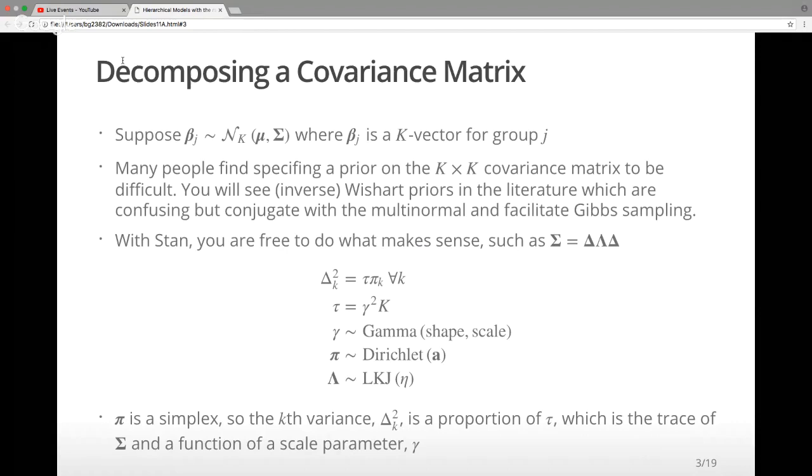Now, if you have a logit model or something for the observations, where you're not using a Gaussian likelihood, then even if you put a multivariate normal prior on these group-specific components of the error term, you're not going to be able to analytically integrate them out of the likelihood anyway.